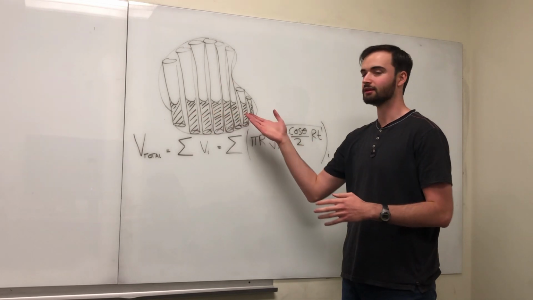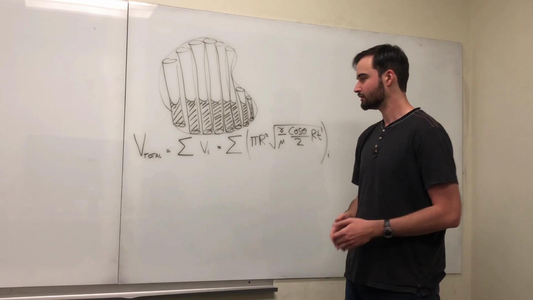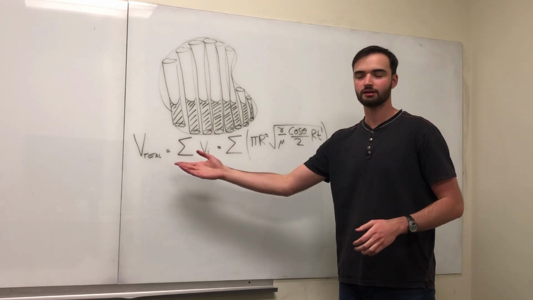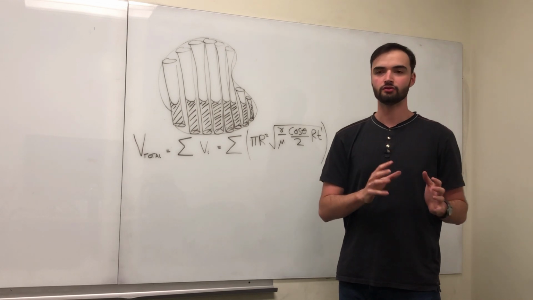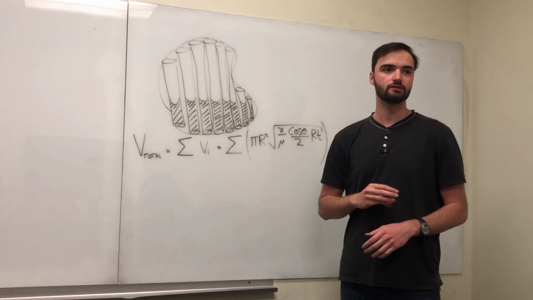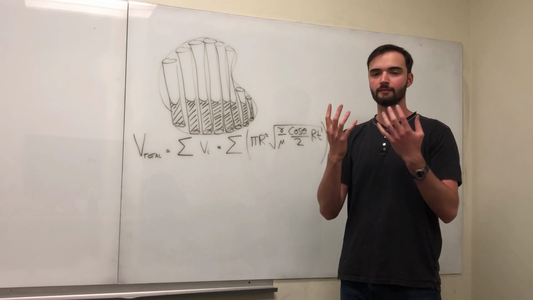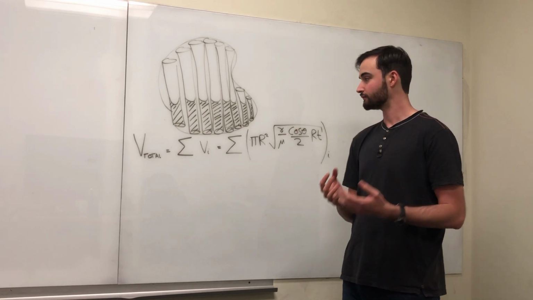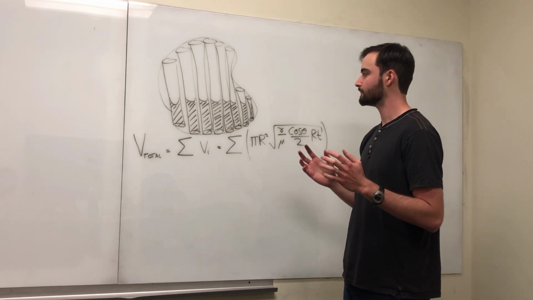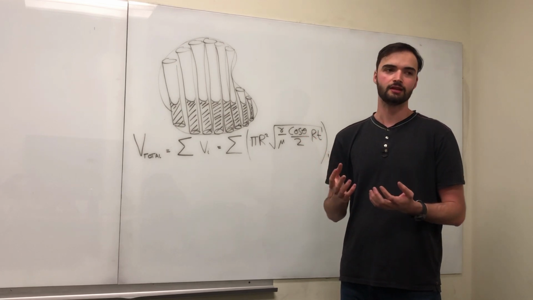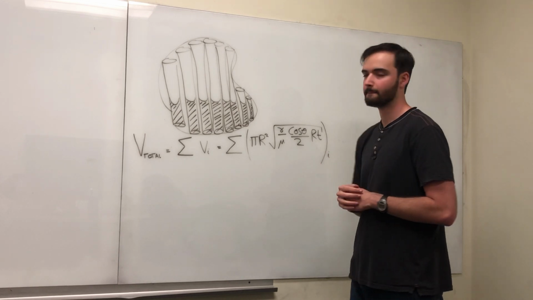Here we can see a representation of that, and this is an equation just summing up the volume of all the individual pipes. This gives a way to predict the total amount of fluid that's gone into the porous media in a given amount of time.